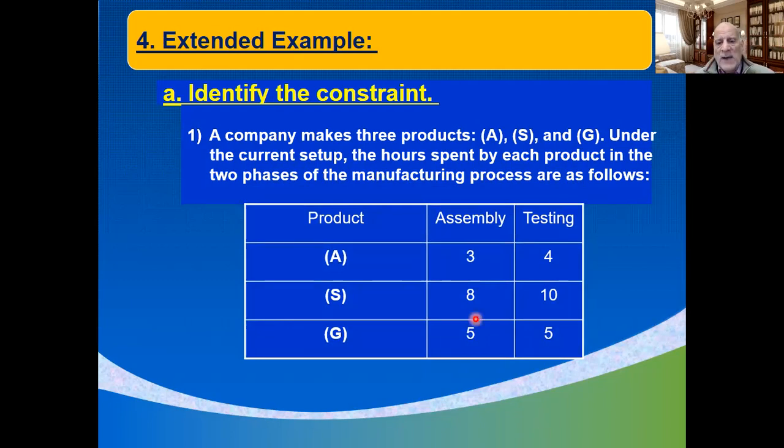Phase number 1 is assembly of the parts, and phase number 2 is testing the product after it has been assembled. And this column is for the products. We have product A, product X, S, product G.